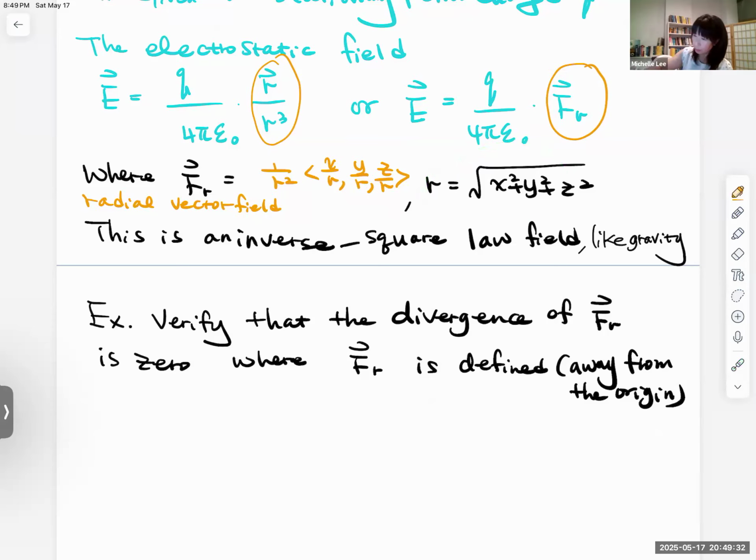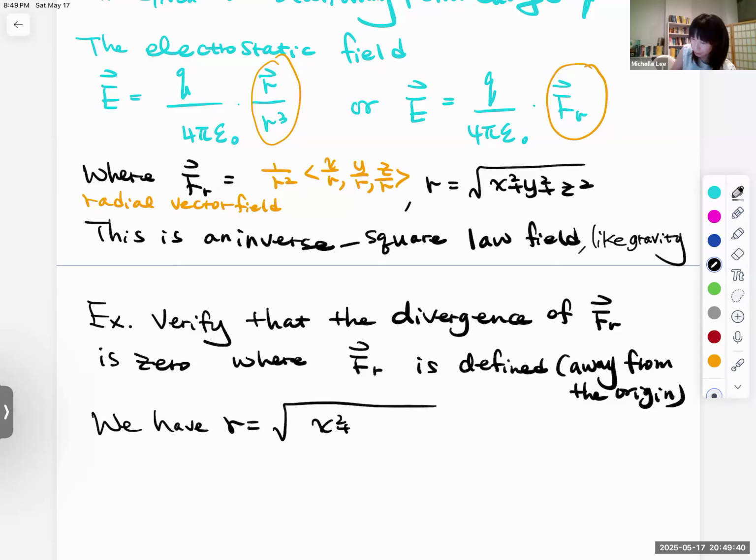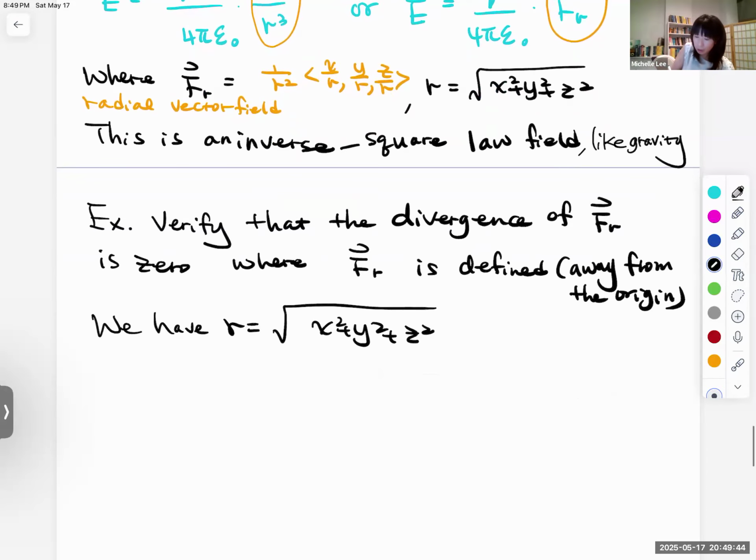Let me write down: r equals the square root of x squared plus y squared plus z squared. So we have the divergence theorem, right?